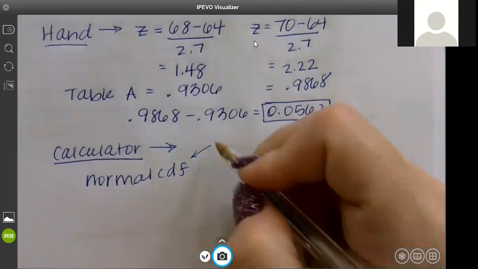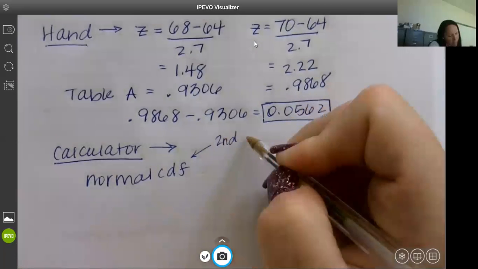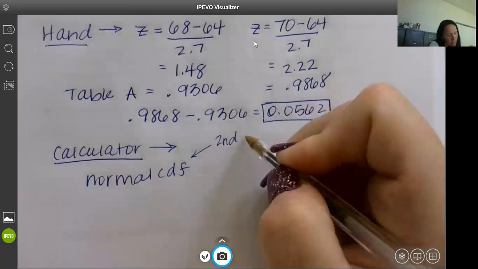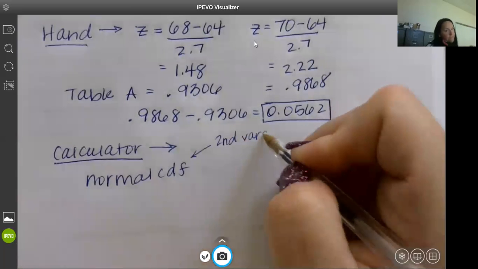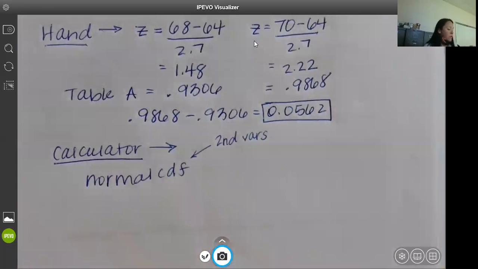Isn't it under stat? See why we're reviewing? Second VARS. Everybody good? We have normal CDF.